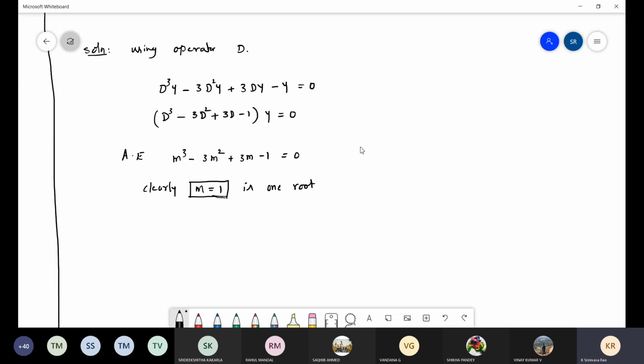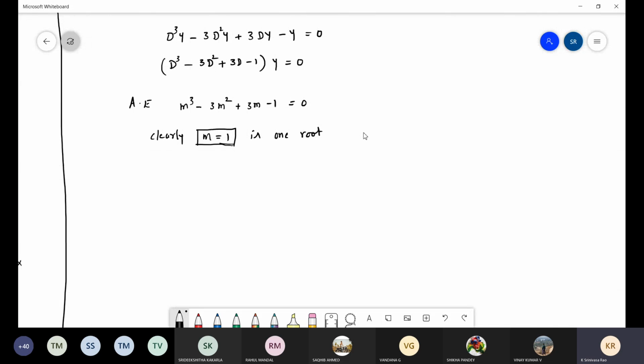Now go with the synthetic division method. Write the coefficients: the cubic term is 1, then m square is minus 3, m is plus 3 and the constant is minus 1.